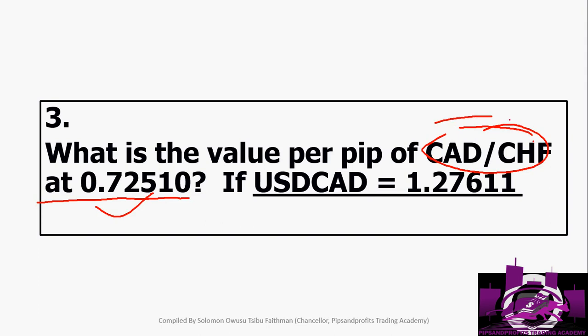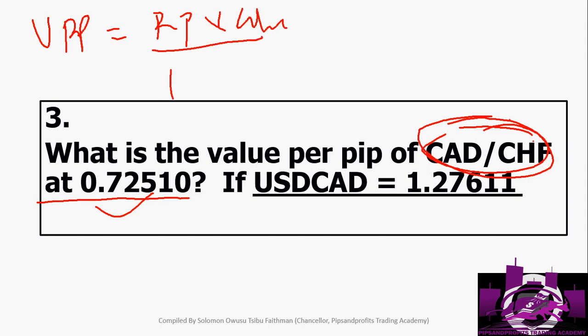CAD CHF is also a cross pair because you do not have the USD in it. So it means that our value per pip is going to be our pip value over exchange rate, let me make it ER, times the conversion rate, let me make it CR.